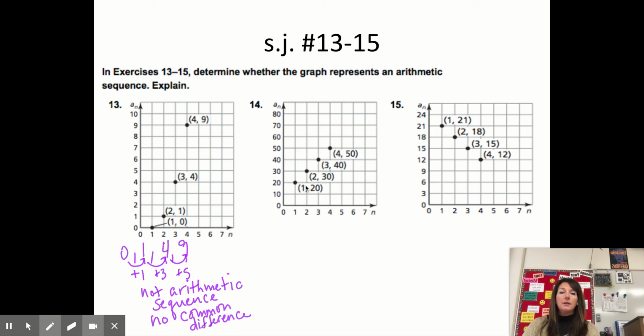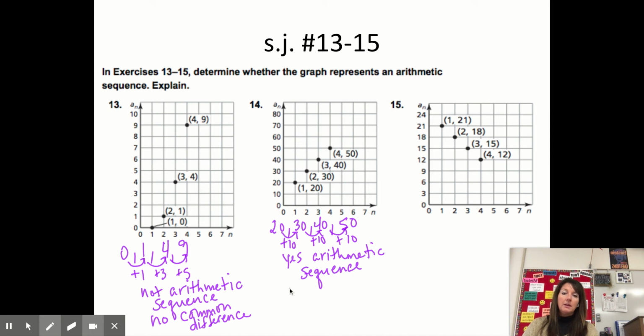All right, looking at the next one, make sure the inputs are 1, 2, 3, and 4. So we'll go from 20 to 30 to 40 to 50. And each one is increasing by 10, right? Since we have a common difference, yes, it is an arithmetic sequence.